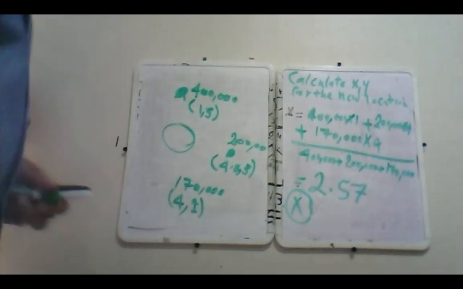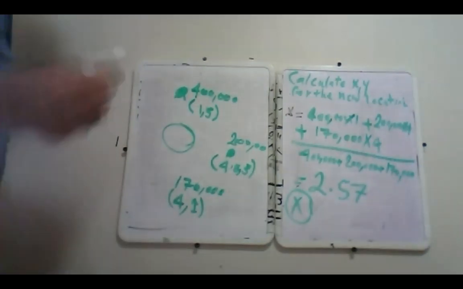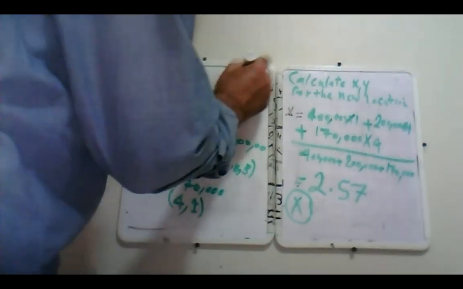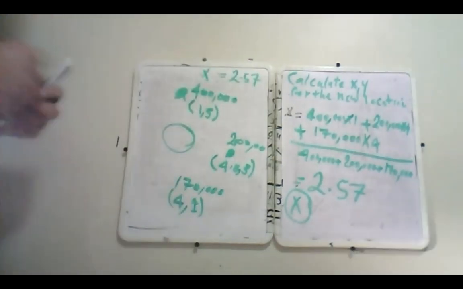Okay, let's go now for the point y. The same thing we did for x. New x is 2.57. How about y?